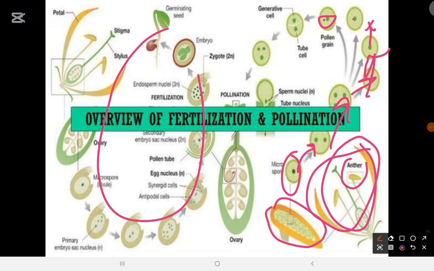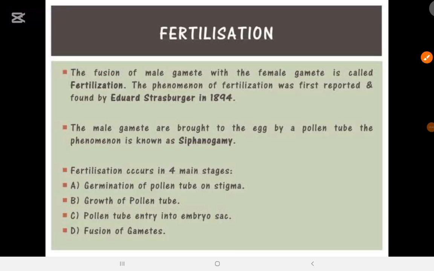This pollen grain will now divide into two cells, the generative cell and the tube cell. The tube cell directs the growth of the pollen tube, and the generative cell divides into two sperm cells, which are used in fertilization of the ovum.